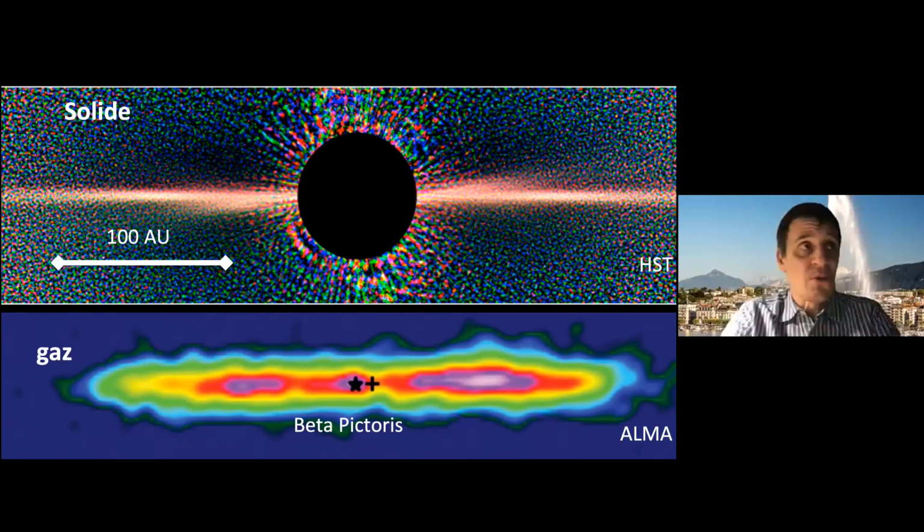Now, if you pay attention to something else, you can ask yourself, how come the disk is more extended radially when you look at the solid particles you see on the top than the gas? The gas seems to stop abruptly at some distance. Well, the reason is that the CO2, if you cool it enough, is not a gas anymore.